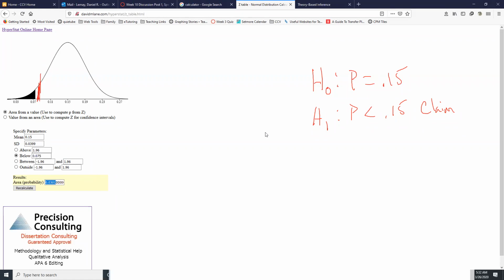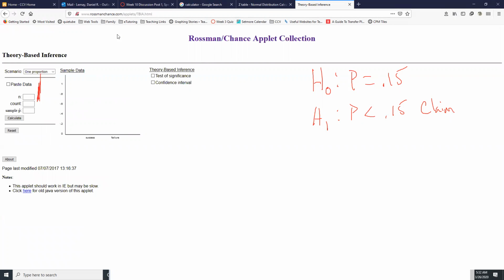So I've got the hypotheses. I would love to have you use this applet for doing significance tests. This doesn't do t-tests, okay? It does do proportions. It does do sample means when you don't know the population standard deviation. And this is what we're going to use next week in chapter 9, okay? Two proportions.